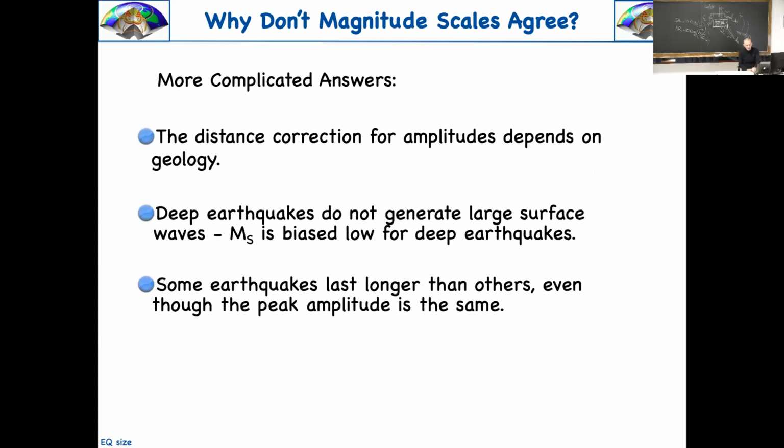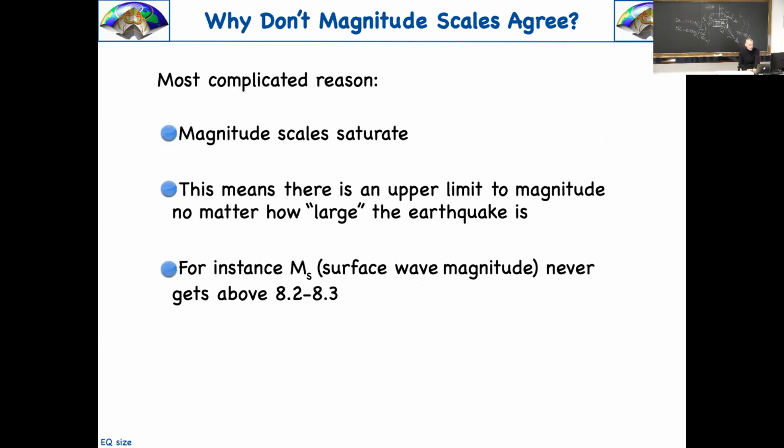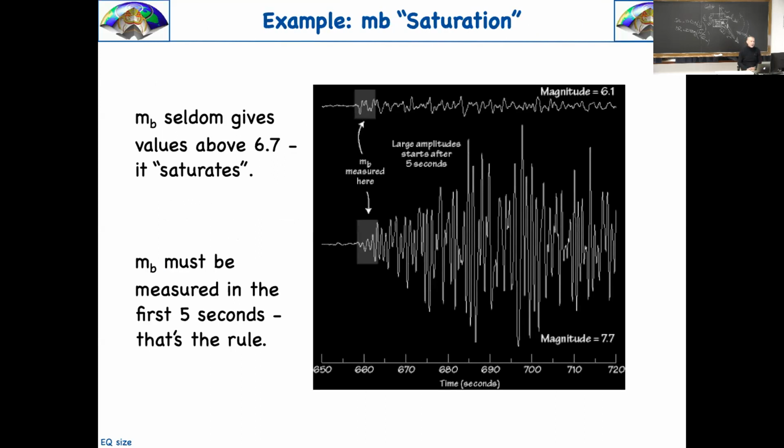So I leave you with these word slides here. Let's go now directly to the point. This is a sort of written text about what I was telling you. And well, okay, this is a typical example of saturation. For example, you see here two different earthquakes that we would label nowadays with 6.1 and 7.7.